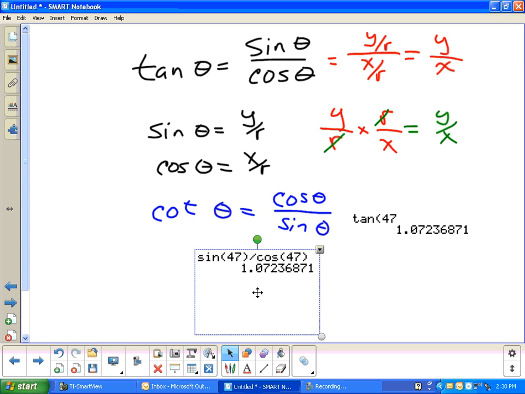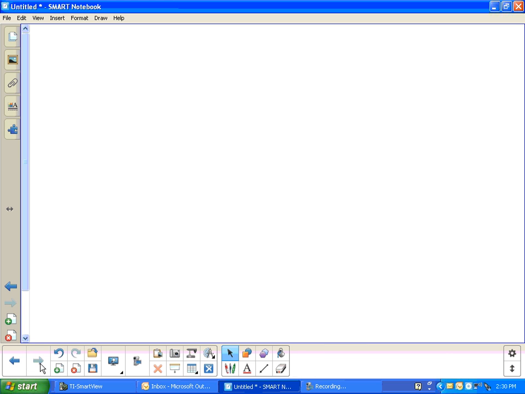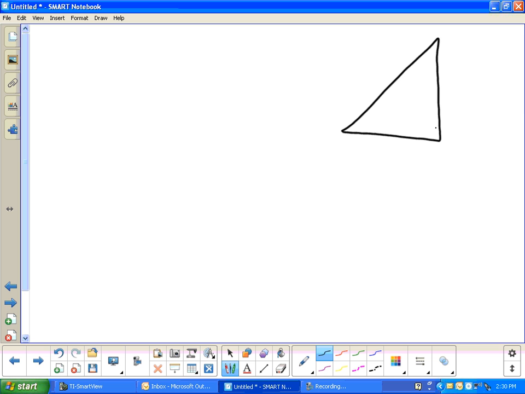All right. Y'all ready to go to the one that I think is kind of like the granddaddy of them all? If we have a right triangle, and we just label the sides y, x, and r, and that's theta, okay?